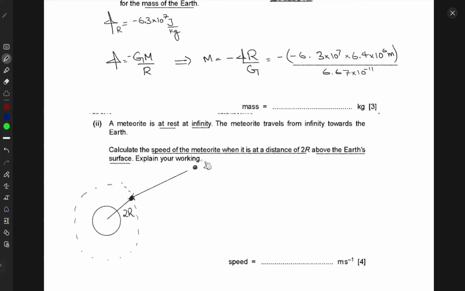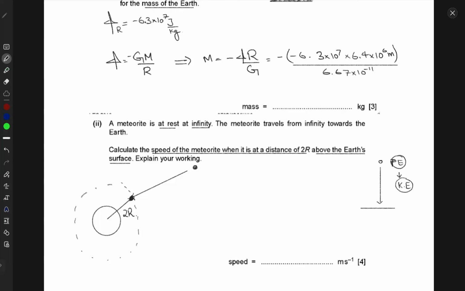If something is really far like this and then comes closer to the Earth, you can think of potential energy. Something very far from the surface will have some potential energy, and as it starts coming closer, that potential energy will convert into kinetic energy, because it's moving now, right? The only energy that can be converted into kinetic is the potential energy it started with.